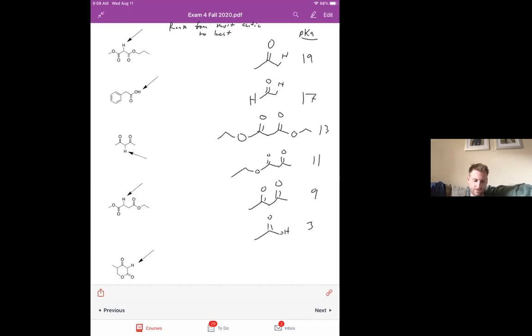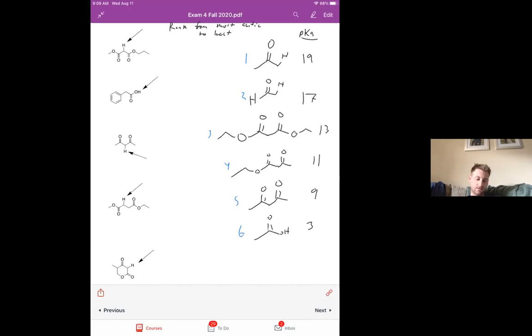All right, so taking a minute to assess these. I'm going to kind of number them. So if we take a look at this first one, this looks like our number 3. We've got esters on both sides of it.